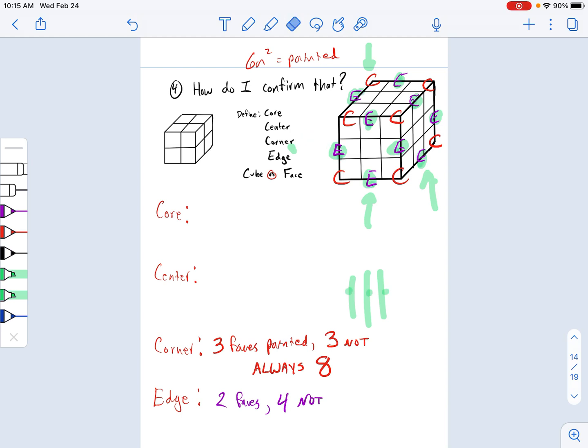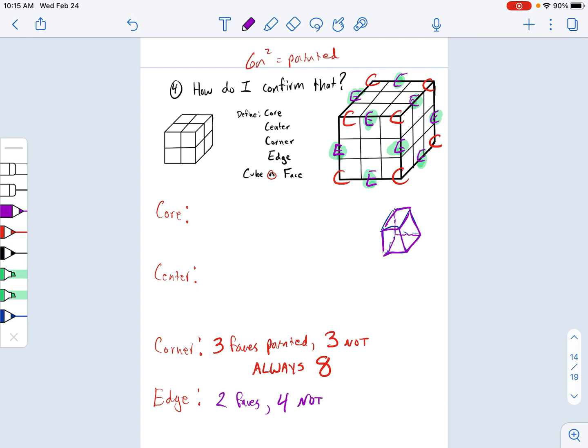Does 12 make sense? Well, one way I could think of this is, when I draw a cube, how many edges do I have? 1, 2, 3, 4, 5, 6, 7, 8, 9, 10, 11, 12.